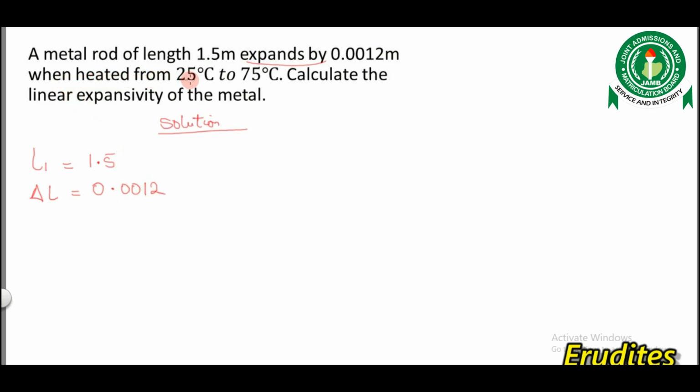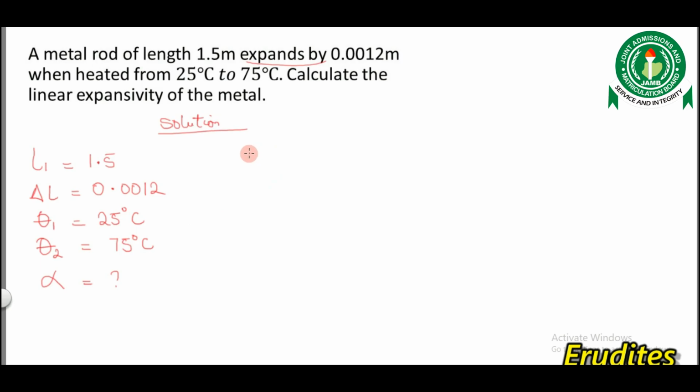When heated from 25 degrees Celsius to 75 degrees Celsius, my theta 1 is equal to 25 degrees Celsius and heated to means theta 2, so my theta 2 is equal to 75 degrees Celsius. What we are asked to calculate is the linear expansivity, alpha.